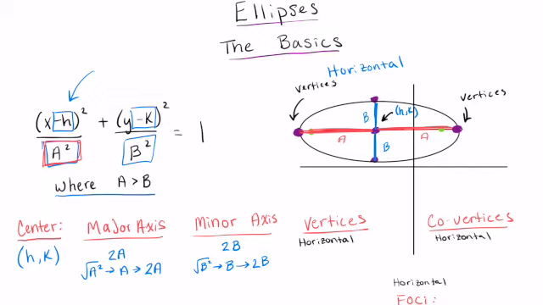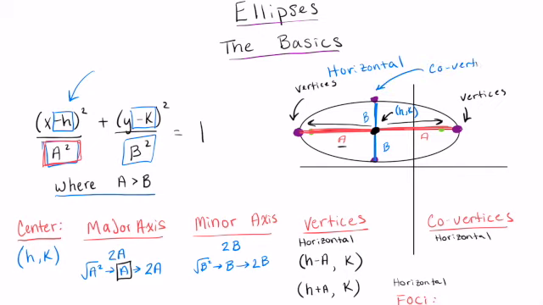And I find my vertices by utilizing that value of A. Well, if my center is right here at H, K, and I am going to move a distance of A this way, the way that I get my vertices, and I'm going to have two of them, is by simply doing H minus A, and K is going to stay the same, and then we're going to have H plus A, comma K. Because that gives me my distance left and my distance right of my center so that I wind up at my vertices.